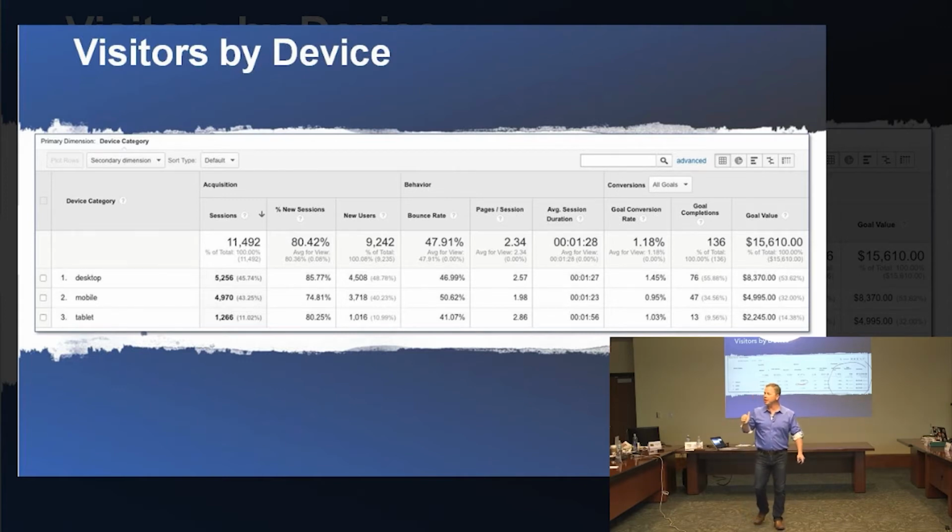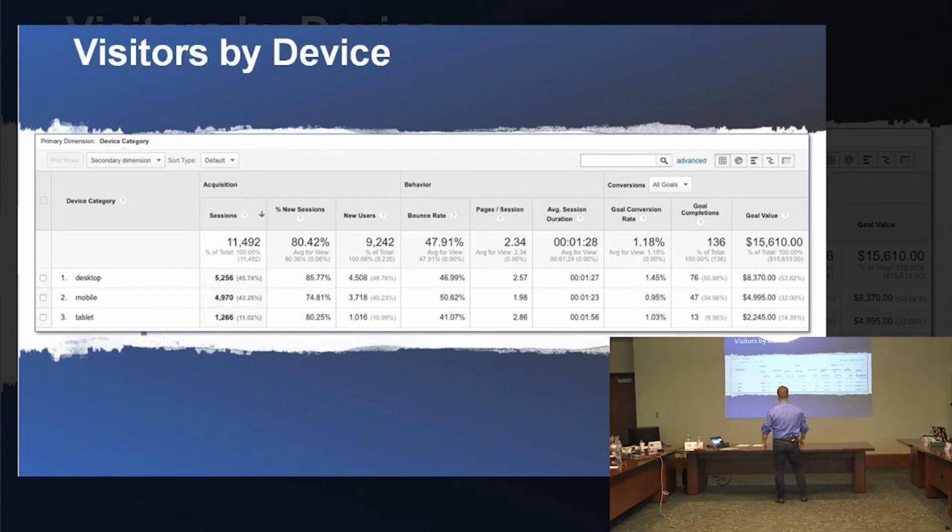When I see a report like that, I'm really happy. That means your mobile experience is good and people can complete the goal on their mobile really well. Your mobile experience is very similar to your desktop experience. So I'm really happy when I see stuff like this.